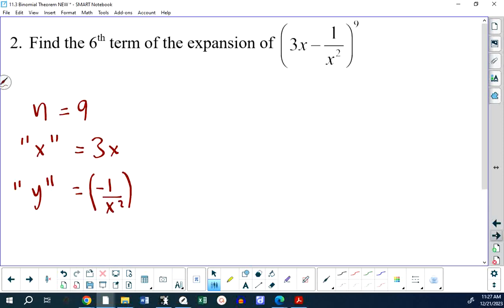Why can't we have a binomial that has x in both parts of the binomial? And this is for every term. It's for every term. But since we're after the 6th term, we're going to use k equals 5.